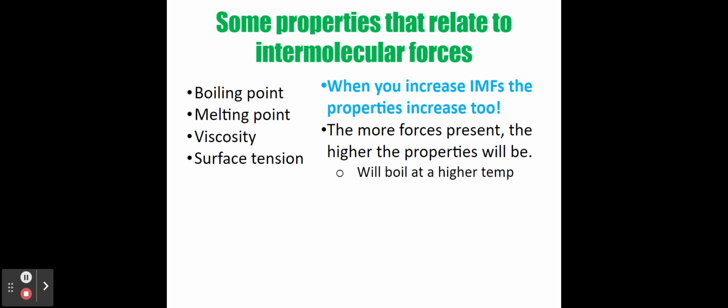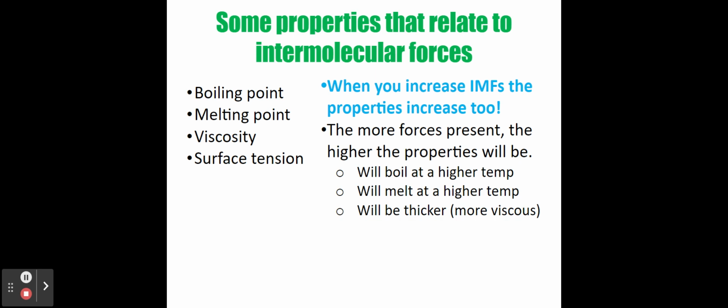If you have stronger intermolecular forces, your boiling point is going to be higher. It's going to take more energy to cause the substance to go from a liquid to a gas. If you have stronger intermolecular forces, your melting point is going to be higher because it's going to take more energy to separate the molecules in your solid, to get that to become liquid, to get those molecules to move.